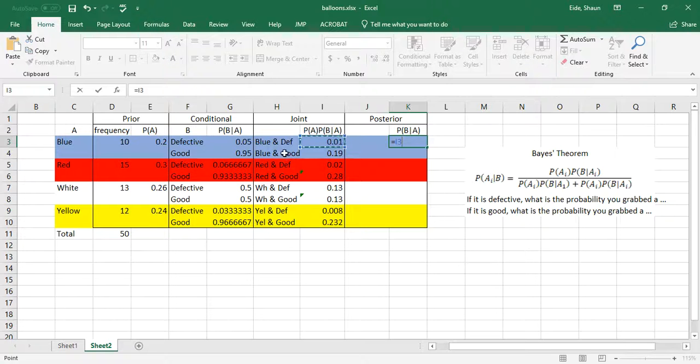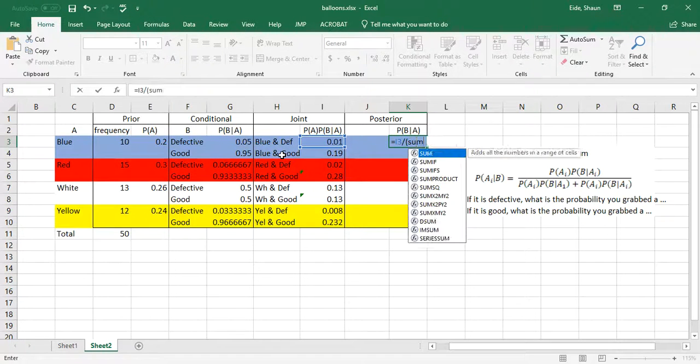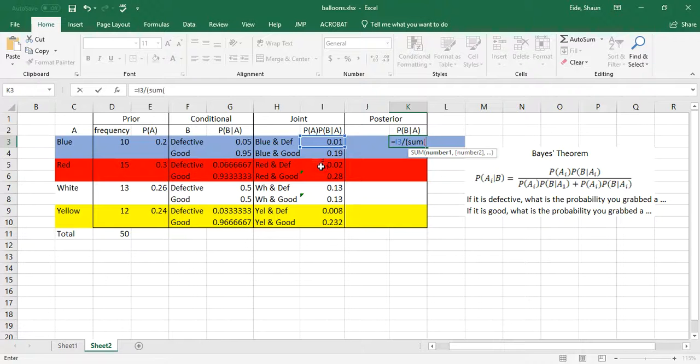That equals the joint probability of blue defective divided by the sum of the joint probability of it being blue and defective, red and defective, white and defective, and yellow and defective.